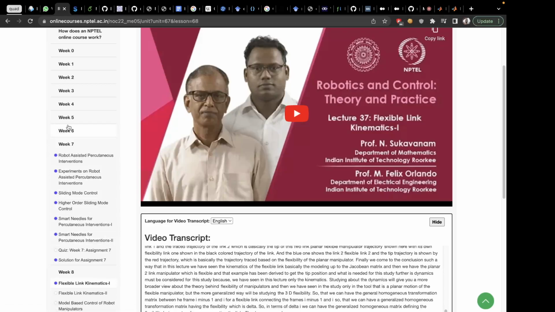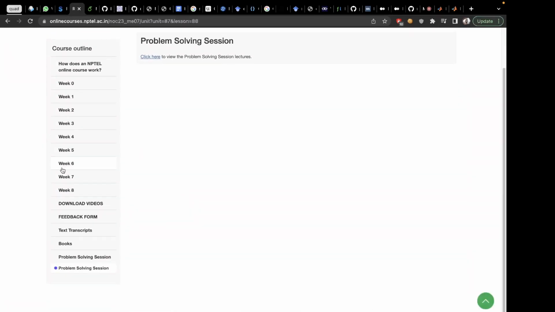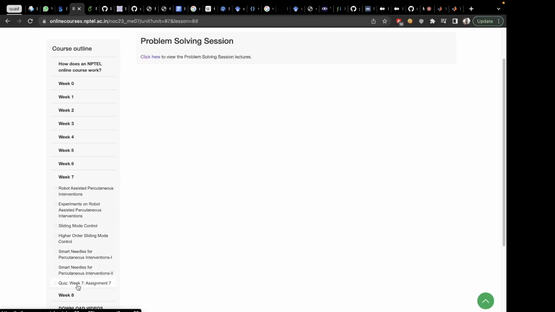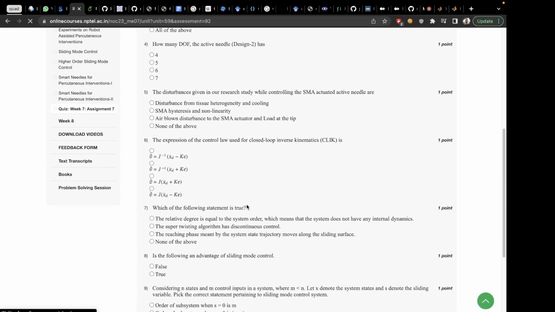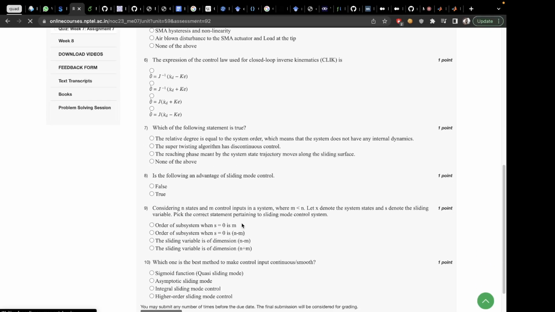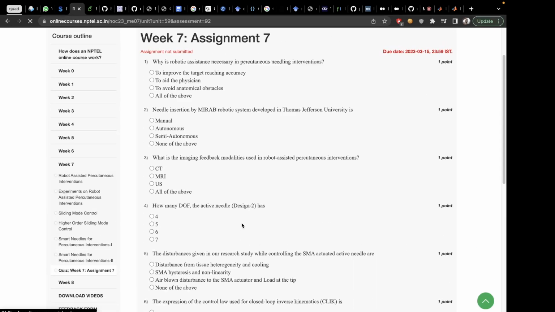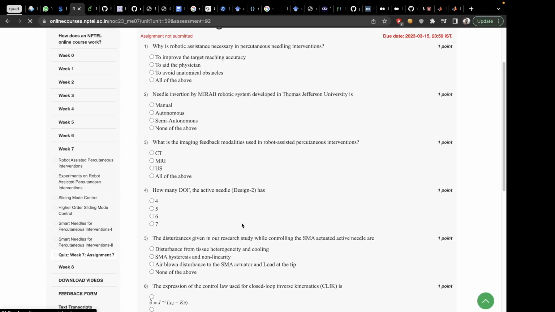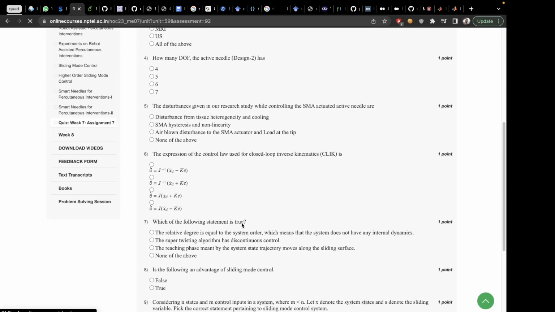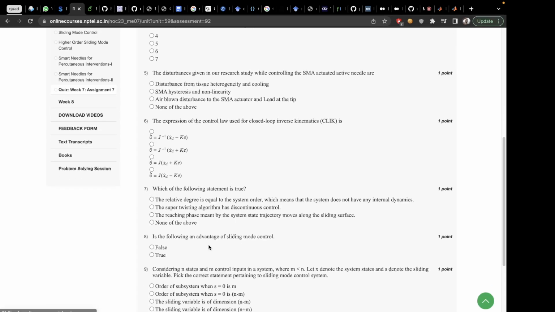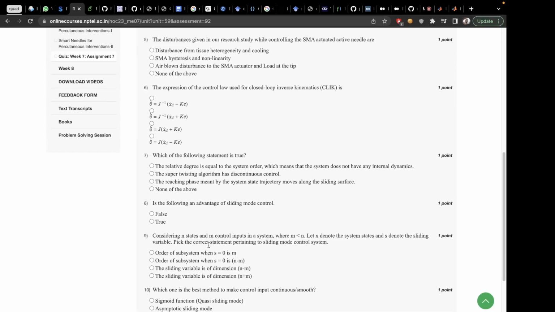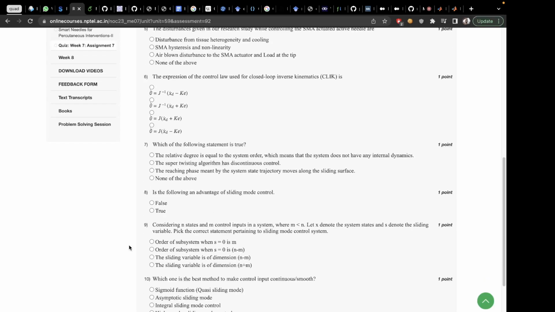It's assignment 7, question 8. Let me just open it. Okay, question 8: is the following an advantage of sliding mode control? False, true. Oh, I think the statement is missing. Yes, statement missing.